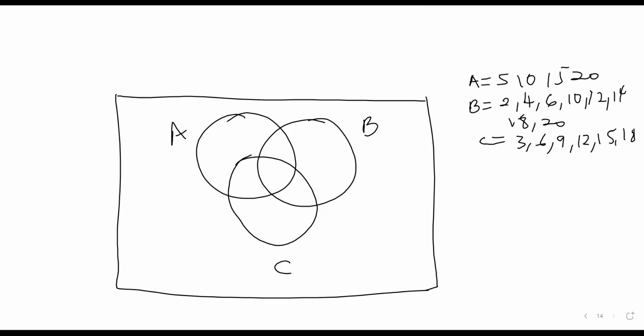What values are common in A and B? 10. 10 is common. Anything else? Yes, I've seen someone. 20.